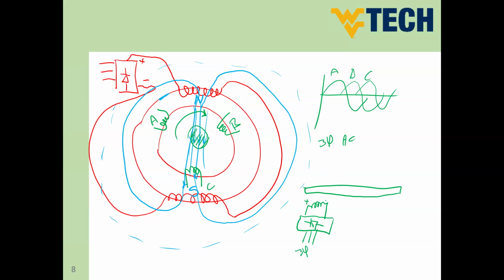So we will have here DC flux, and the windings here will generate AC, which requires another device installed here on the rotor, which is a rectifier. So this rectifier now will provide a rotating DC source.